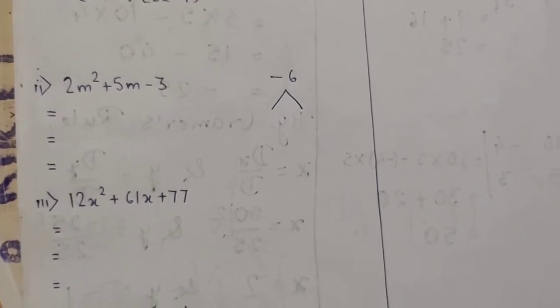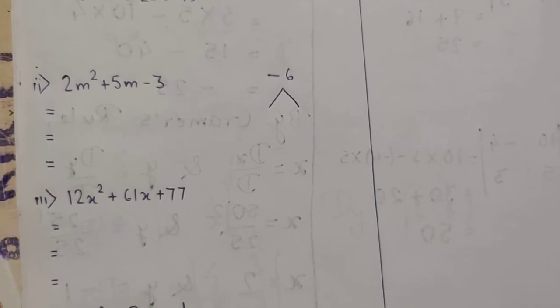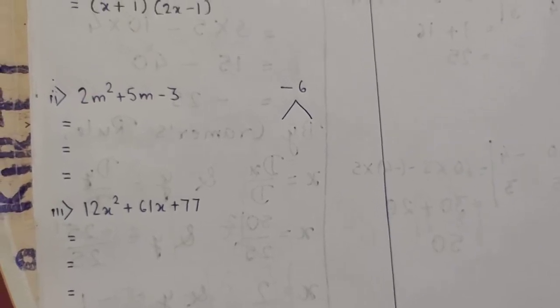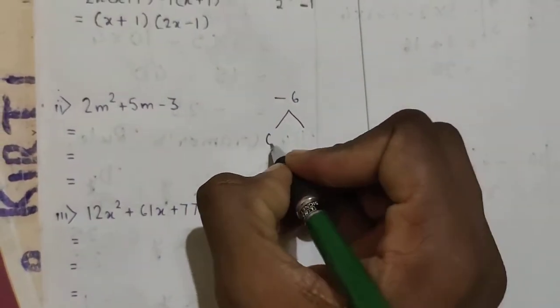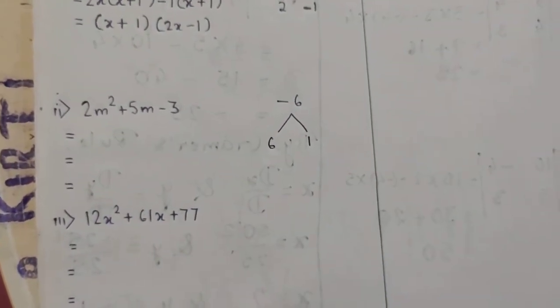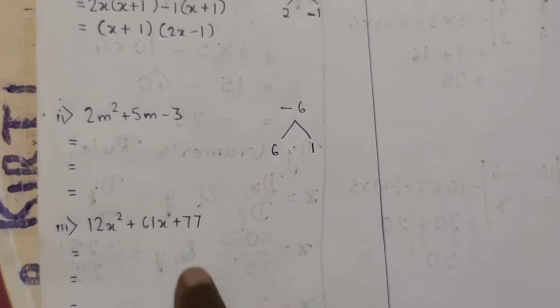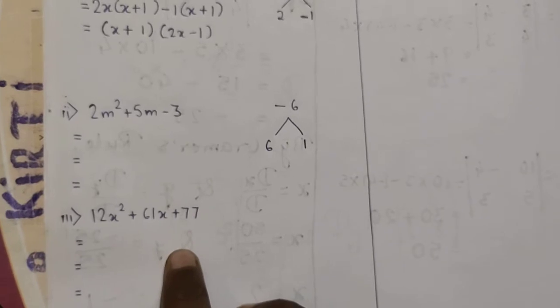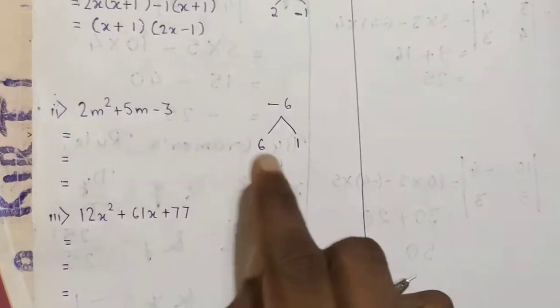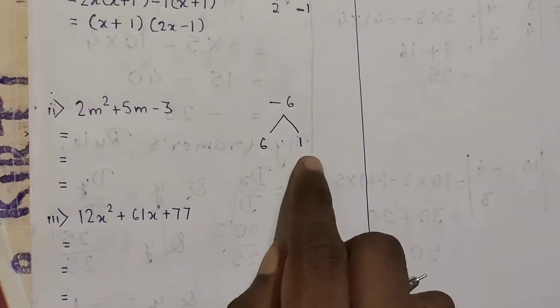So what can you take? 6 ones are 6, and if you subtract 6 and 1 you are going to get 5. So in this case the two parts are 6 and 1. Understood now? You cannot take 2 and 3 because 2 plus 3 gives you 5, and you want 5 after subtraction. That is why we have written 6 and 1.